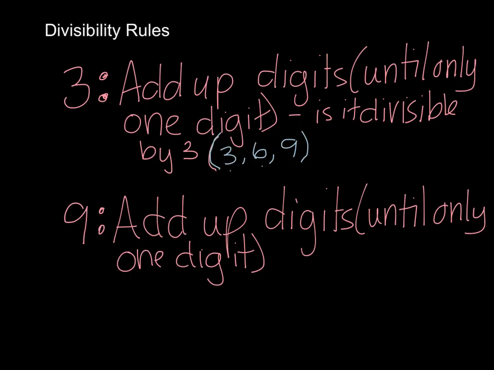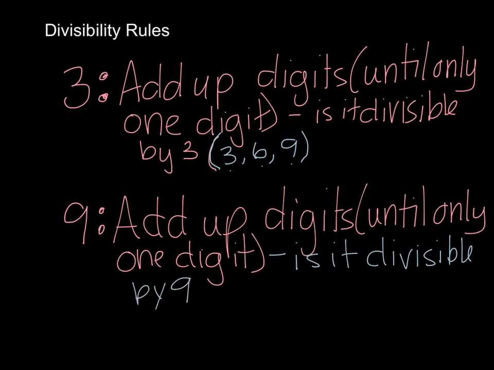Is it a 3, a 6, or a 9? Because those are the only 3 single-digit numbers that are divisible by 3. To add up the digits to one digit, you then need to ask yourself, is it divisible by 9? And the only single digit that's divisible by 9 is 9. So if you add up all the digits and they're 9, then it's divisible by 9.